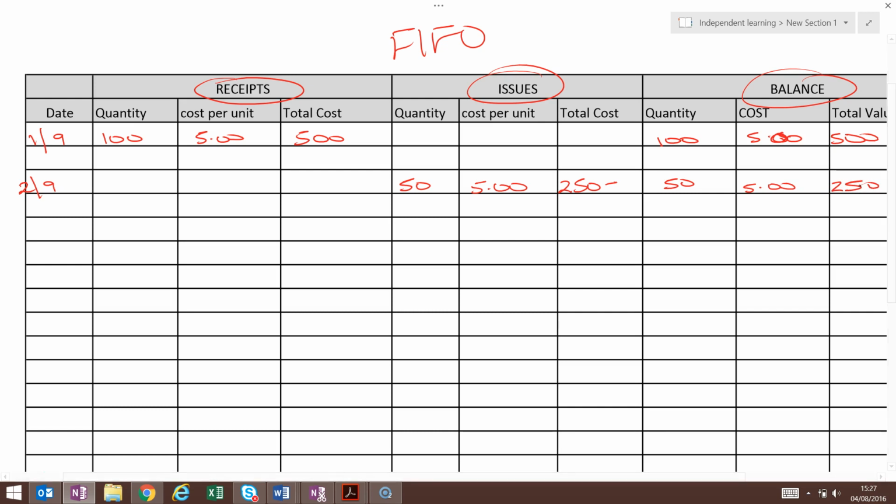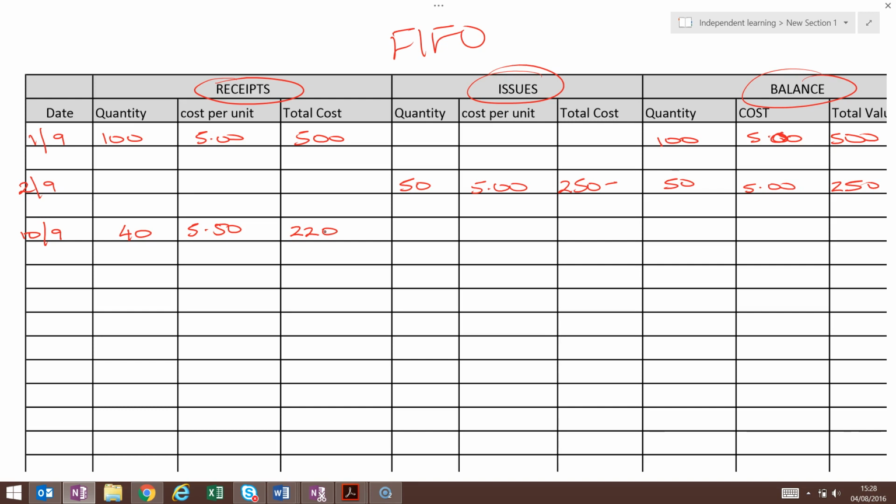On the 10th of September, we received another 40. They were £5.50, so we've got rising price. So that works out at £220. Now this is where you need to be careful. What we do in the balance column is rather than just putting the balance of what we have in stock, we show how that balance is made up.